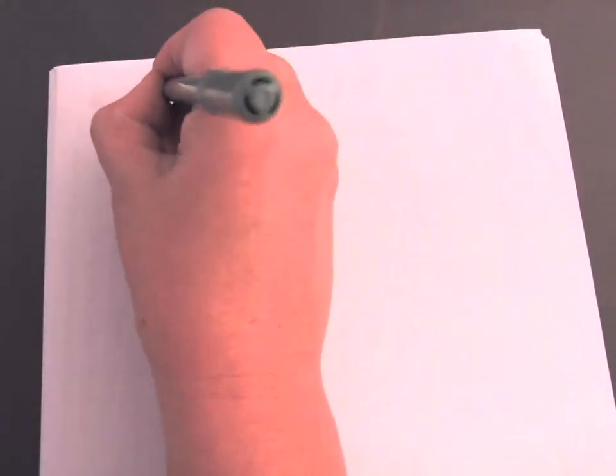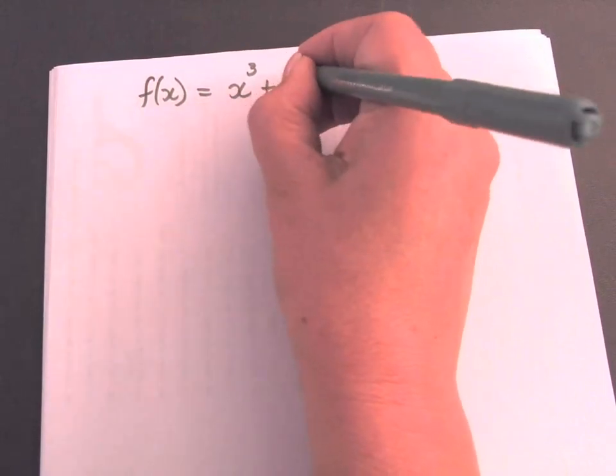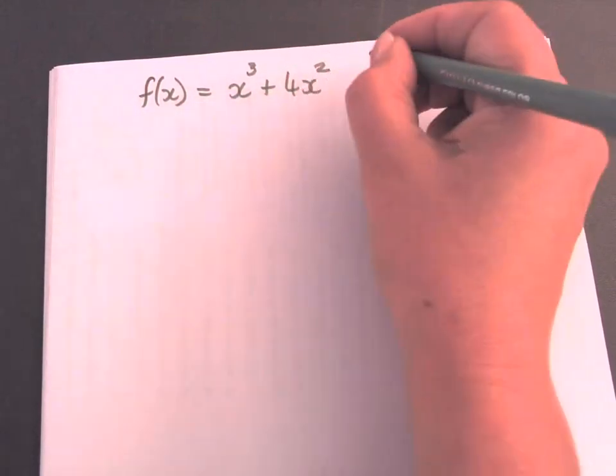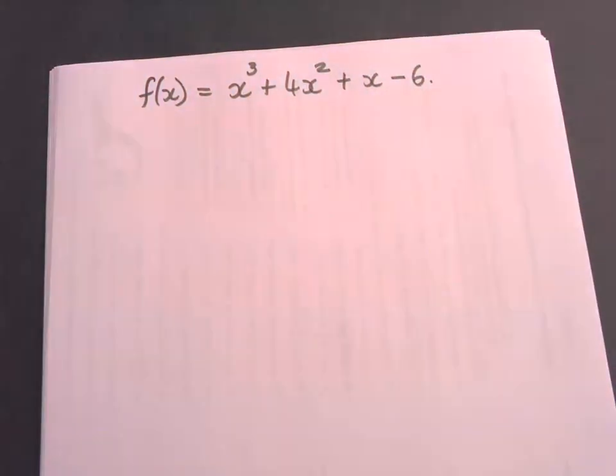Now let's look at our first example. f(x) equals x cubed plus 4x squared plus x minus 6.